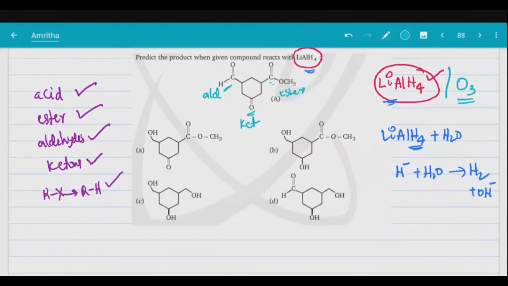But in laboratory, it is very dangerous to deal with ozonolysis. The ozonide particularly formed after reacting with ozone and hydrocarbon is very dangerous. So no fresh chemist or fresh student is allowed for these reactions independently. One senior has to be there, one guide has to be there to monitor the reaction.